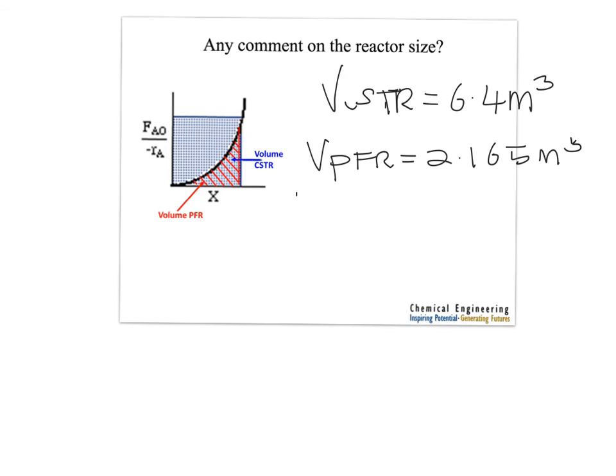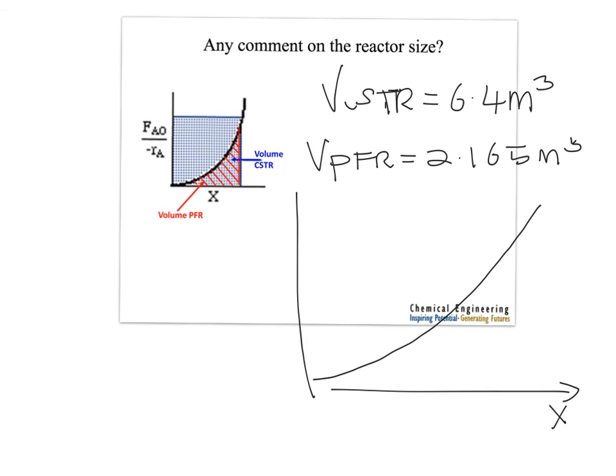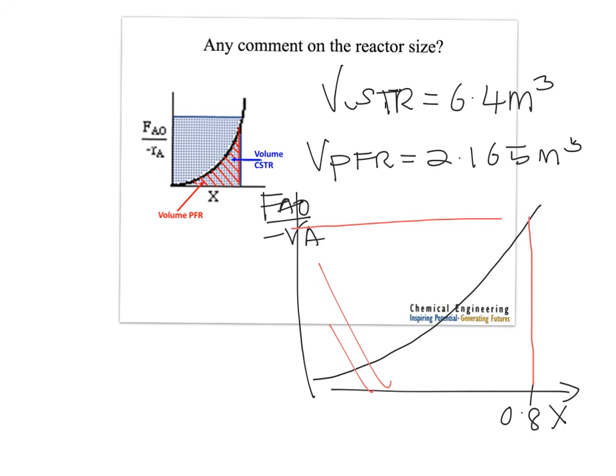That's because your plot is something like this. Your Levenspiel plot looks like this, and remember your conversion is 0.8. For the CSTR, the volume will be this square, and for the PFR, your volume is the area under the graph.